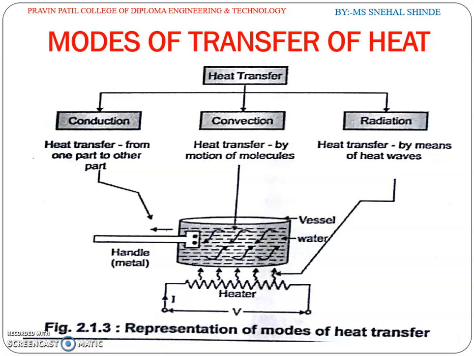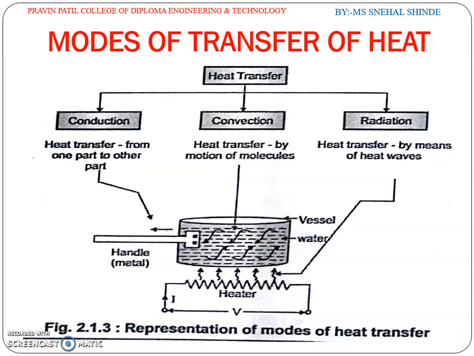So the heat transfer from one part to another part, for example from the vessel to the metal handle, is called conduction. Convection is heat transfer by motion of molecules, where the heat is transferred from one water layer to another water layer.